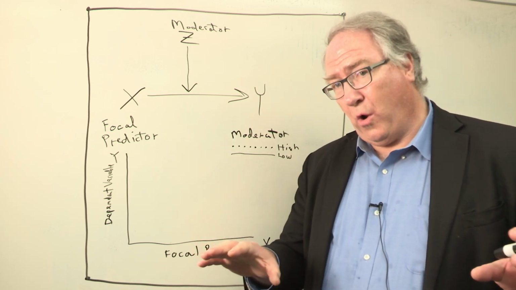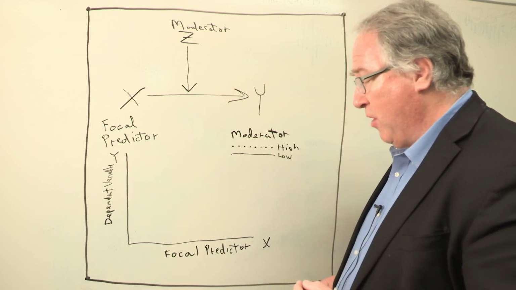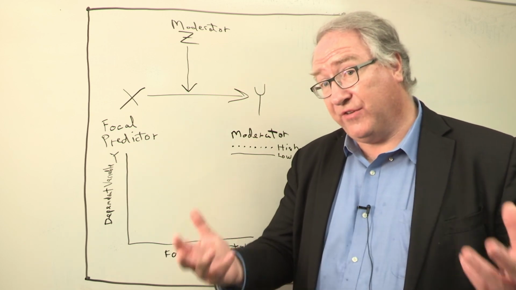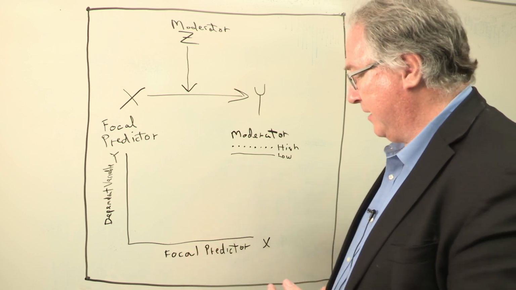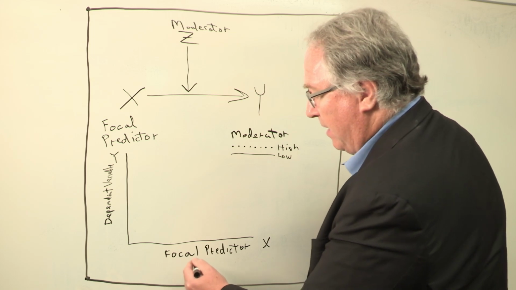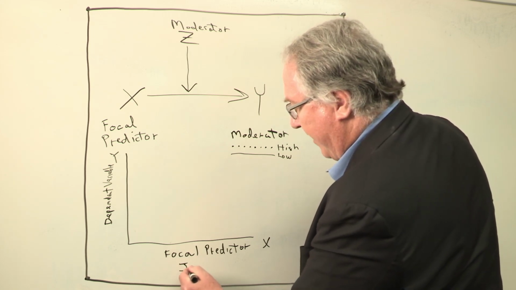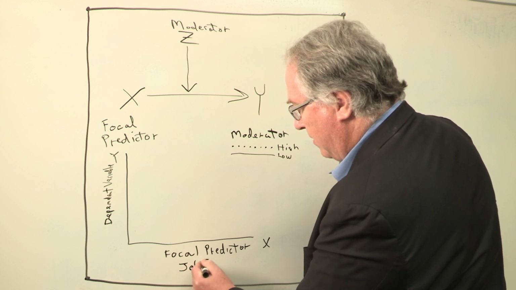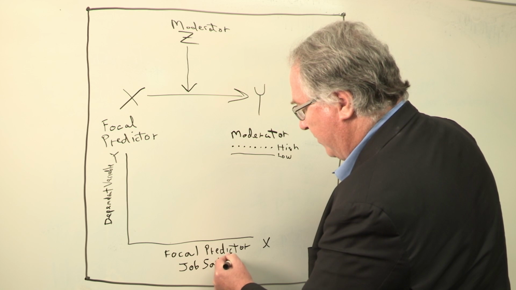Okay, so now let's get more specific about it. Okay? Getting more specific, we're going to actually give some names to these variables. Okay? So let's look at our focal predictor as, let's say, job satisfaction. Okay? How satisfied is somebody with their job?